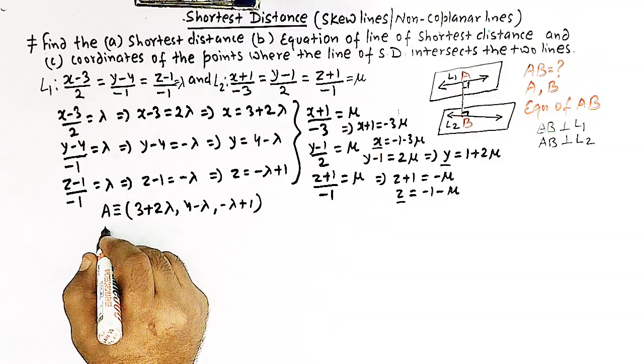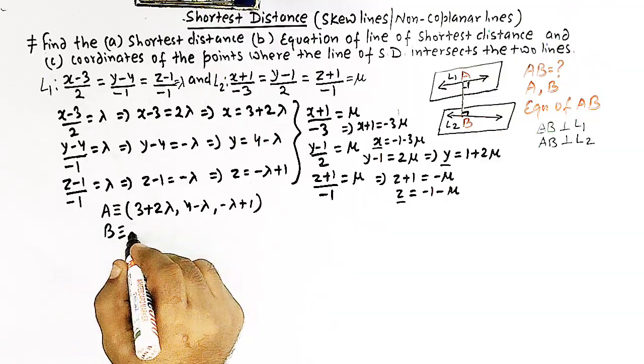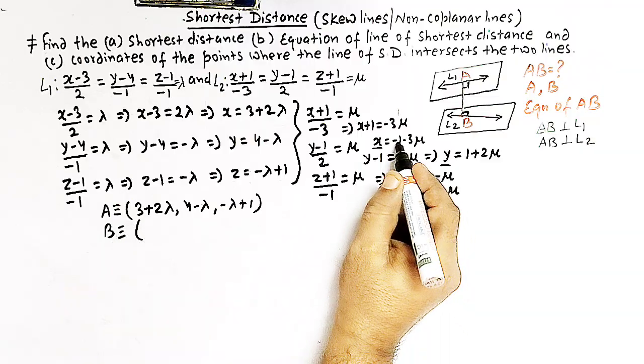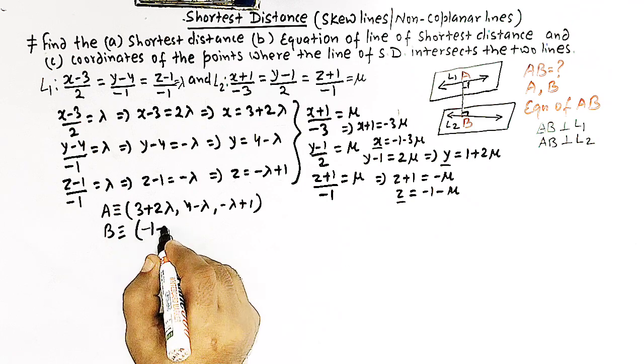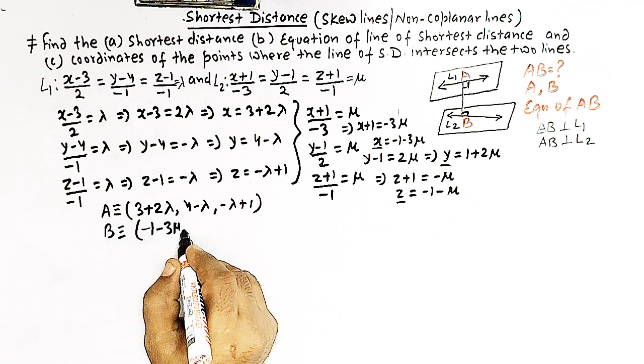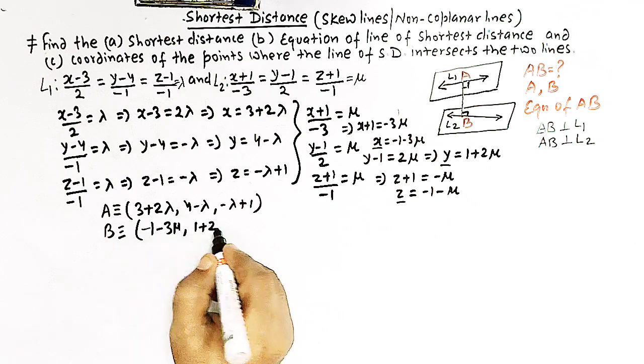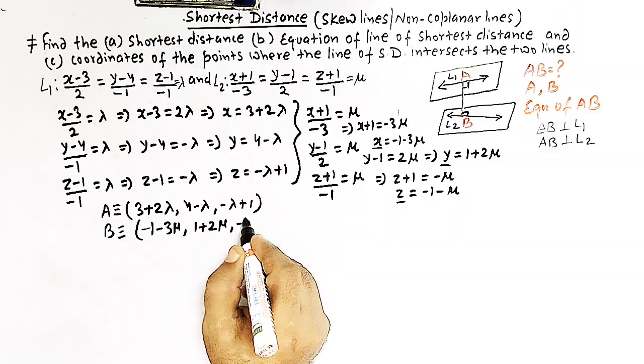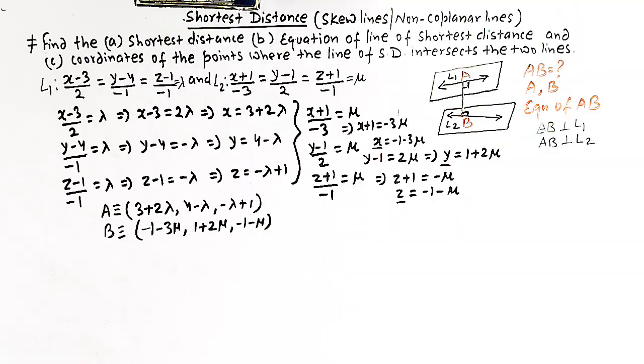So the coordinates of the point B are given by minus 1 minus 3 mu, then 1 plus 2 mu, then minus 1 minus mu, right?